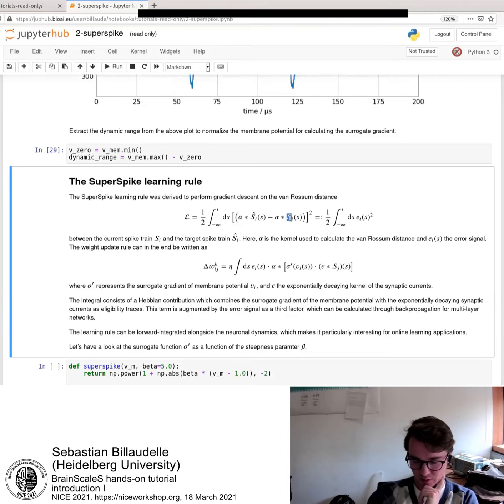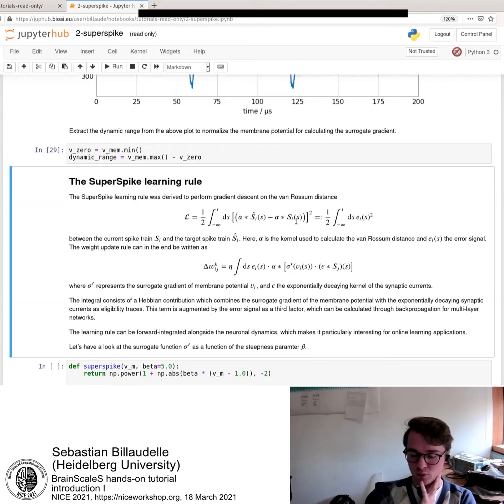S would be the time now in this integral. S is the spike train actually emitted by your neuron, and S hat is the target spike train. And we perform a convolution with an alpha kernel, kind of the PSP kernel, but this is a bit arbitrary. You could use Gaussians here to avoid the use of delta functions in these spike trains.